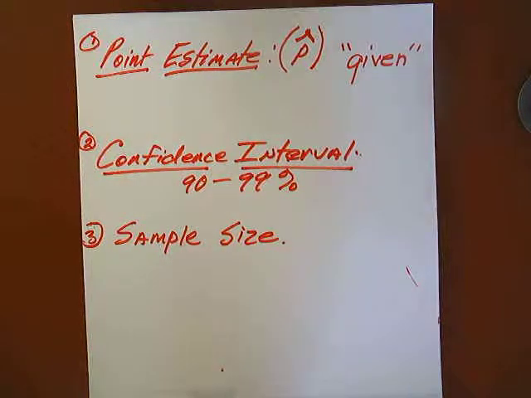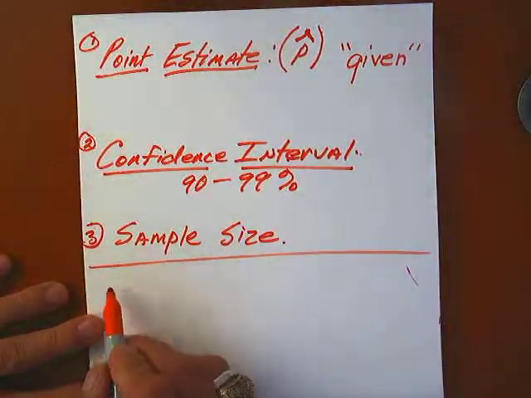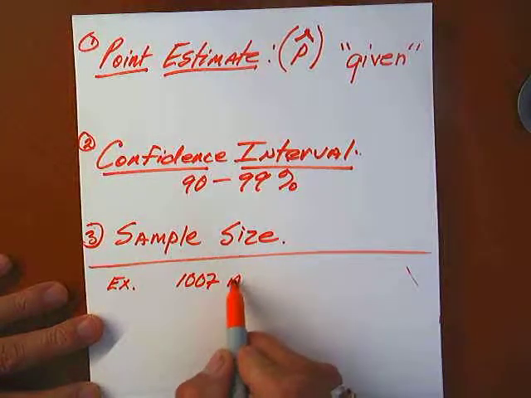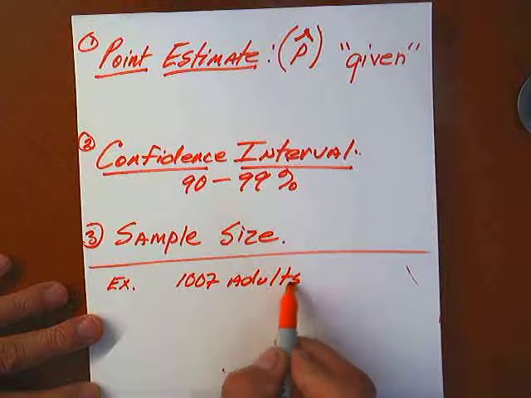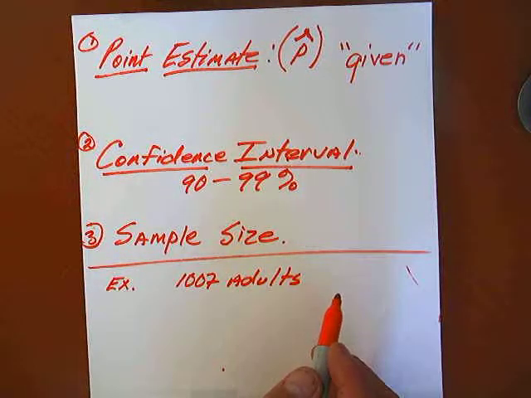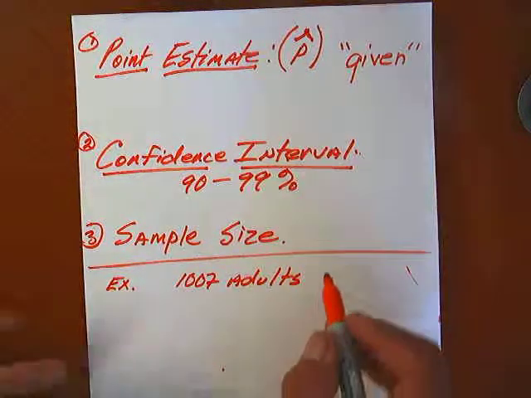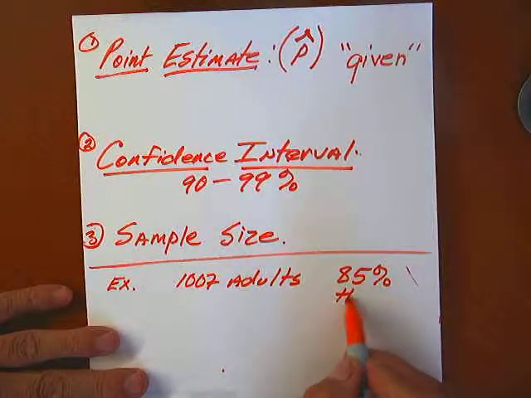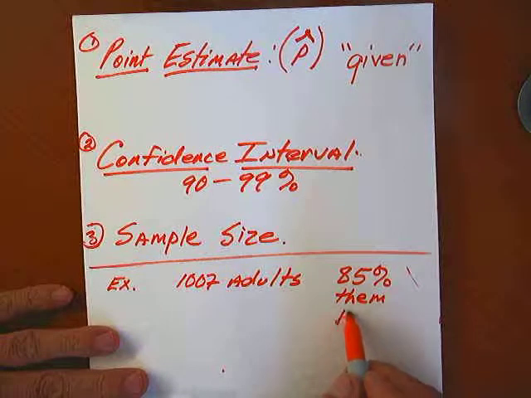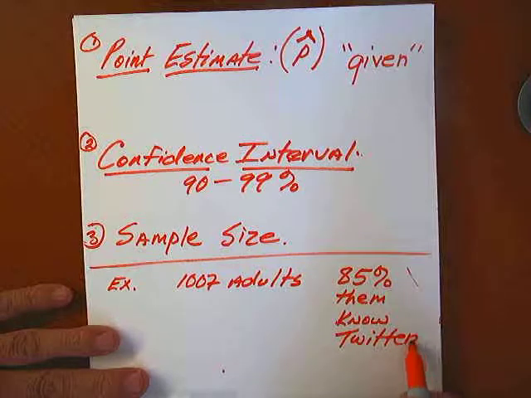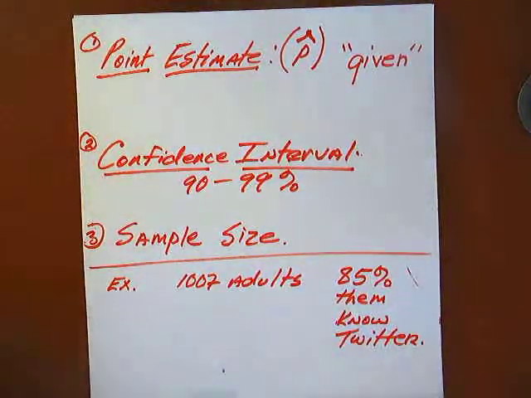I'll give you an example of a problem: the Pew Research Center conducted a survey of 1,007 adults and found that 85% of them know what Twitter is.